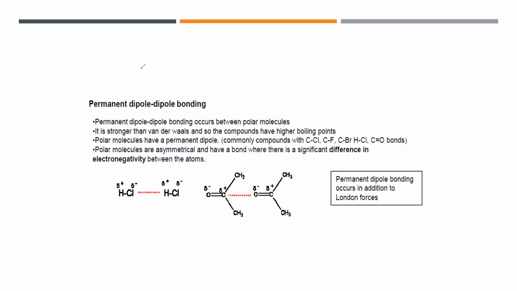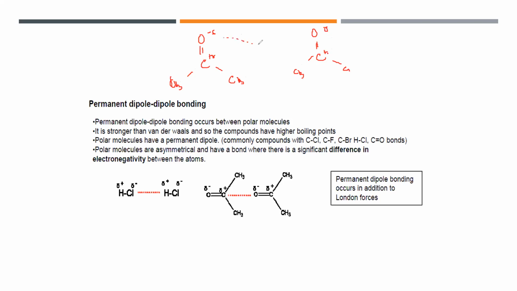So a polar molecule is a molecule with unequal distribution of electrons, and a permanent charge appears. Like if we have C double bonded with O and Cl, or CH3, then C double bonded with O and CH3. Oxygen is more electronegative, so partial negative on oxygen and partial positive on carbon.